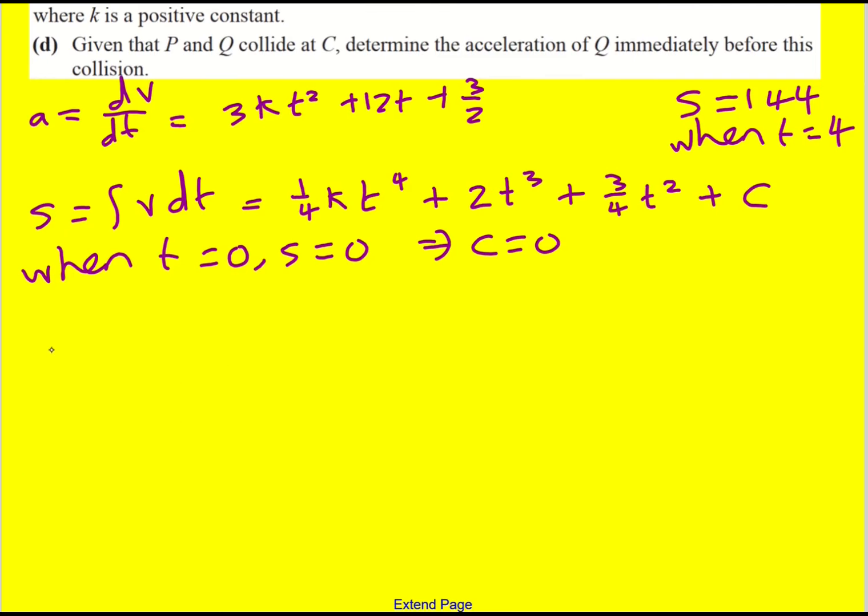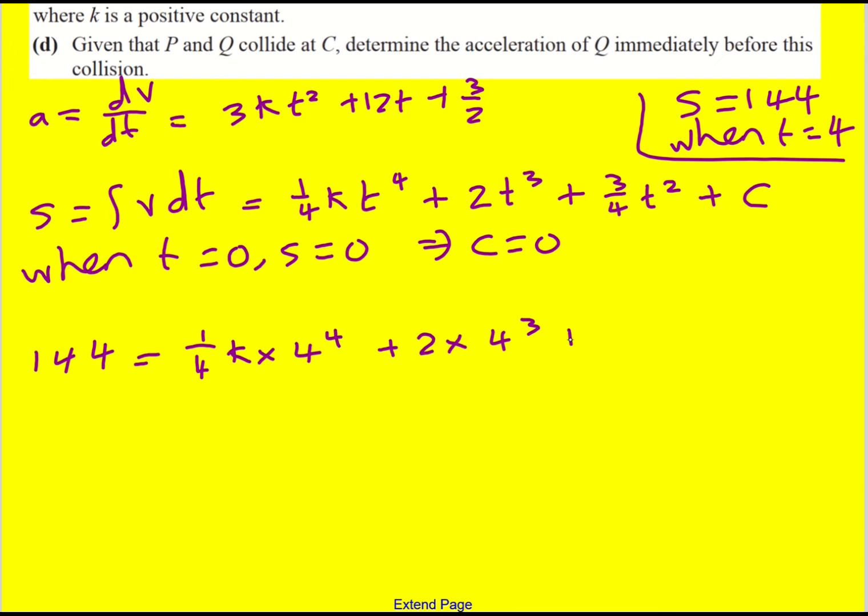Then I'm going to sub in my values here. 144 equals a quarter k times 4 to the 4, plus 2 times 4 to the 3, plus 3 quarters times 4 squared. This becomes 144 equals 64k plus 128 plus 12.